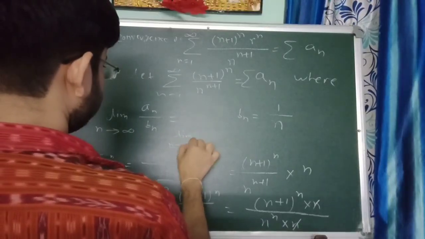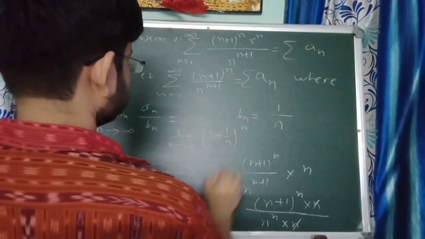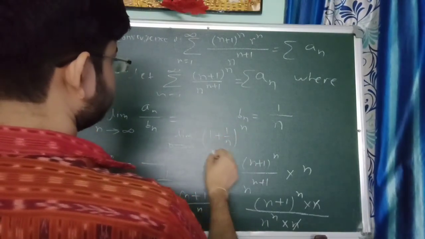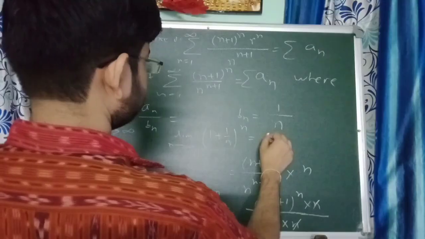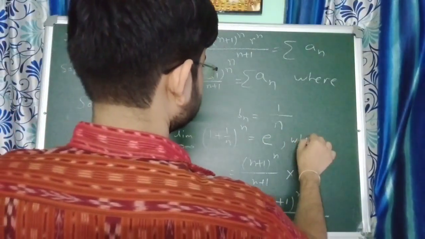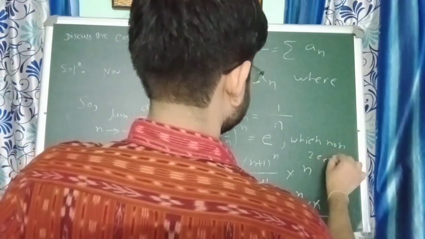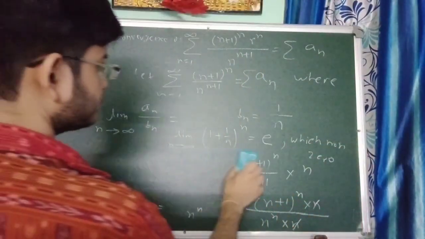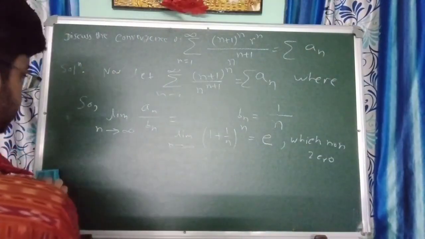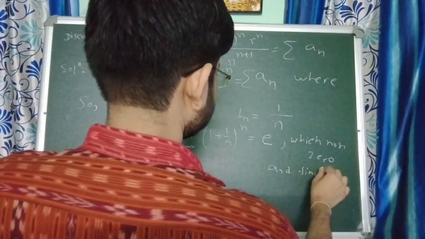Limit n tending to infinity, (1 plus 1 by n) to the power n. We already discussed this limit. This is e, which is non-zero and finite.